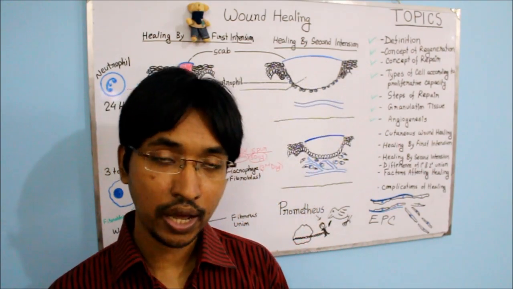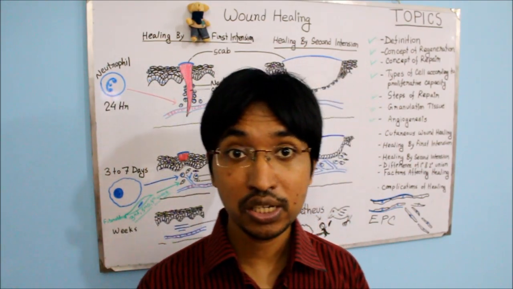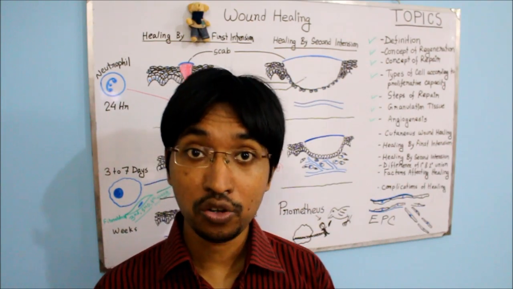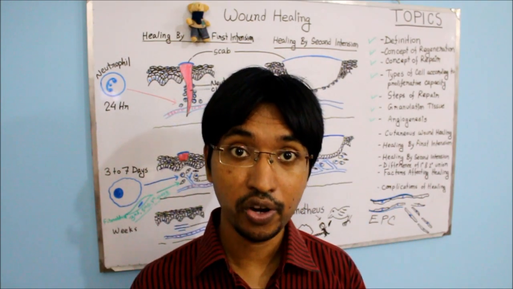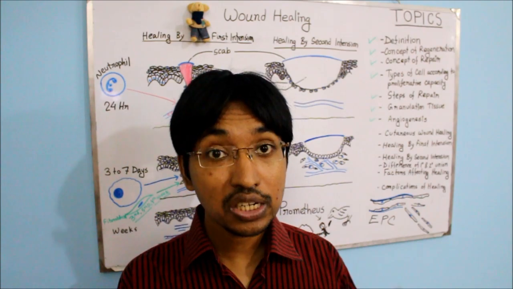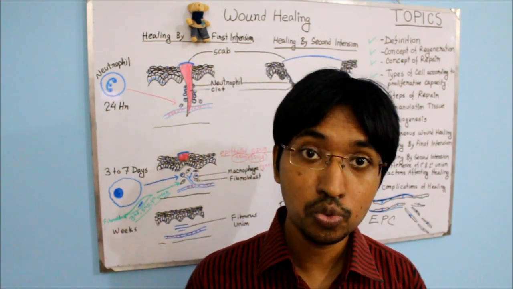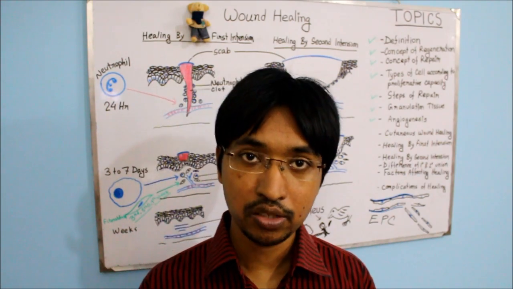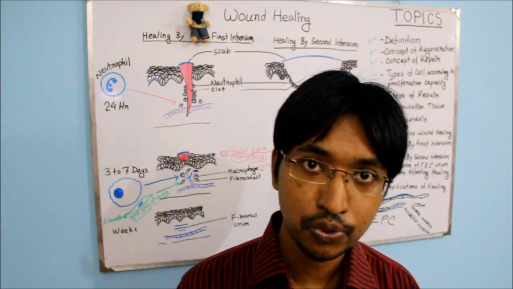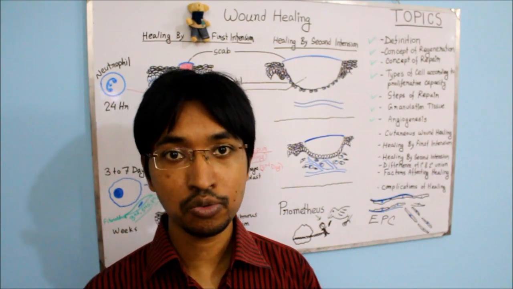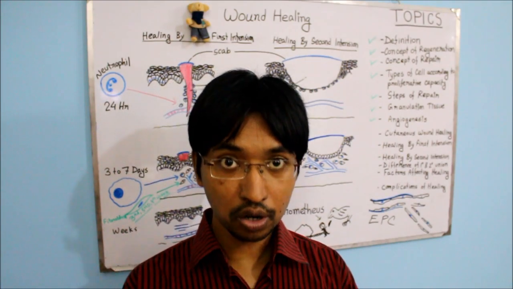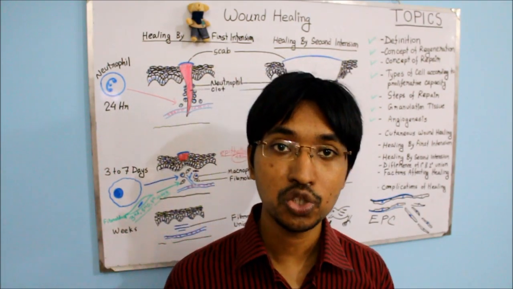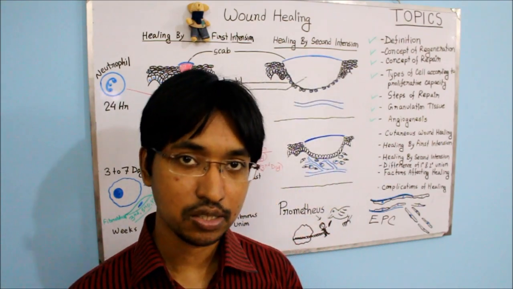If the wound is located in an area that is richly vascularized or that has rich blood supply, say for example in the face, that will heal faster than a wound that is located in a poorly circulated area, say for example in the foot. And also a wound that is smaller will heal rapidly than a wound that is larger in its size.